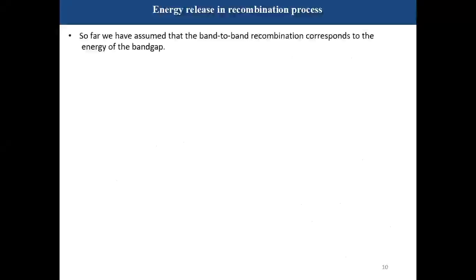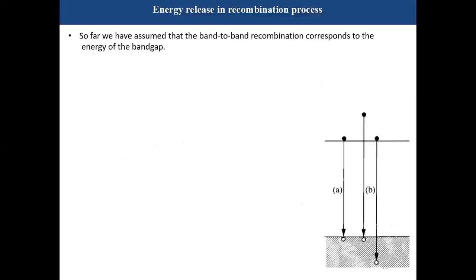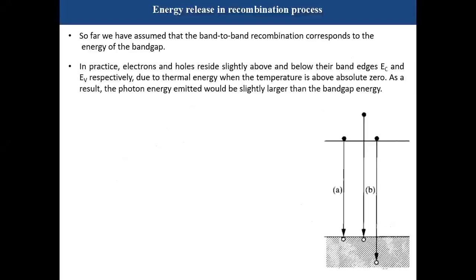Now, if we have to define the energy released during the recombination process, we assume that the band-to-band recombination corresponds to the energy of the band gap. In practice, the electrons and holes reside slightly above or below their band edges on the conduction and the valence band respectively due to thermal energy when the temperature is above absolute zero.